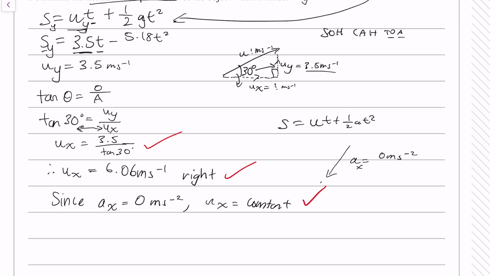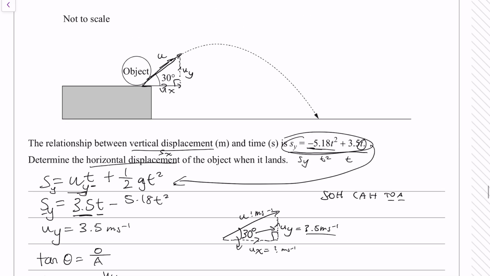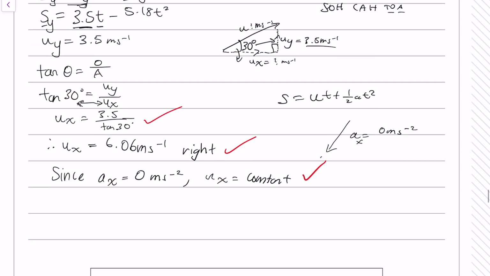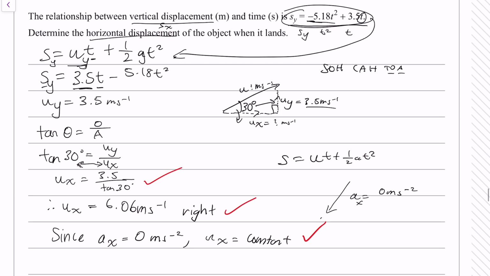All right, there's no wind blowing that makes the object go faster or slower in the x direction. Okay, the only acceleration we're working with in year 12 physics is the acceleration due to gravity in the vertical displacement. Okay, so that will basically assume that ux is going to be constant.